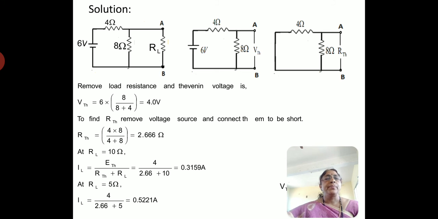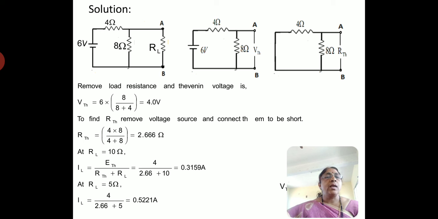Then to find RTH, remove the voltage source and short it. The 4 ohm and 8 ohm are in parallel. The parallel combination is RTH, equal to 4 into 8 divided by 4 plus 8, and that is equal to 2.66 ohm.